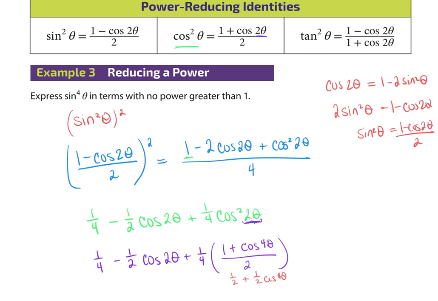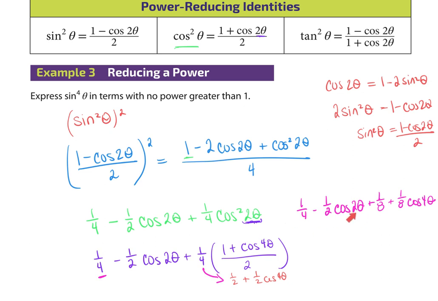So if I were to do that, I would rewrite this, leave the first guys alone for right now, and we're going to leave this alone, 1/4 minus 1/2 cosine of 2 theta plus, and I'm going to distribute this 1/4 through. So 1/4 and 1/2 is 1/8 plus 1/8 cosine of 4 theta. The only thing I can combine here are my fractions.